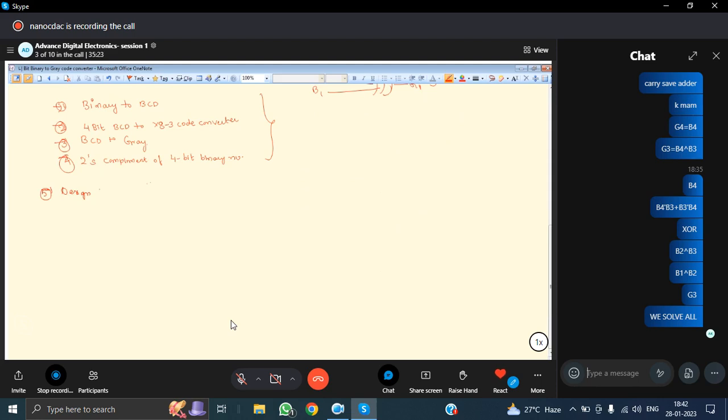Design a circuit to detect the decimal numbers 0, 1, 4, 6, 7, 8 in a 4-bit XS3 code input. How will you do this, tell me.